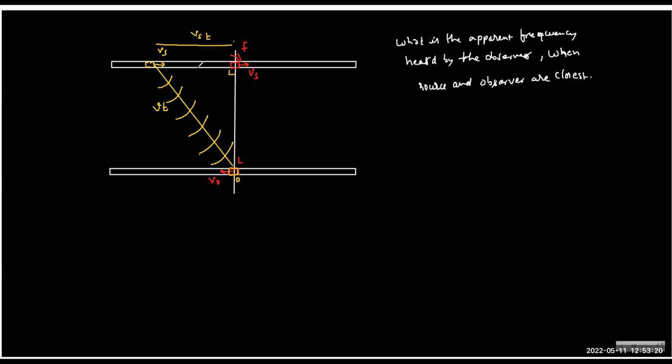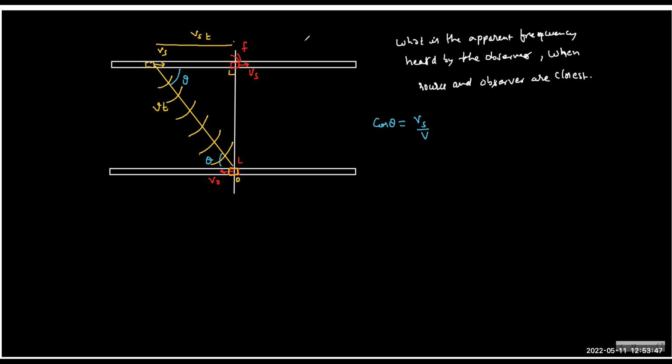And this logic will give you the angle theta. You can easily find cos theta. So can we write cos theta equals Vs by V, no? Right.